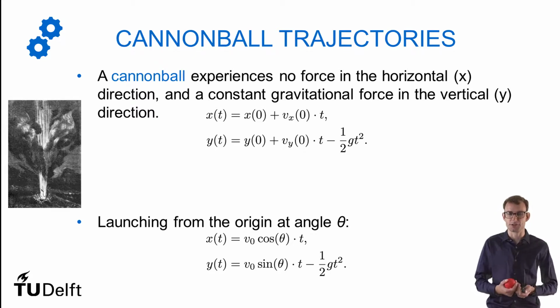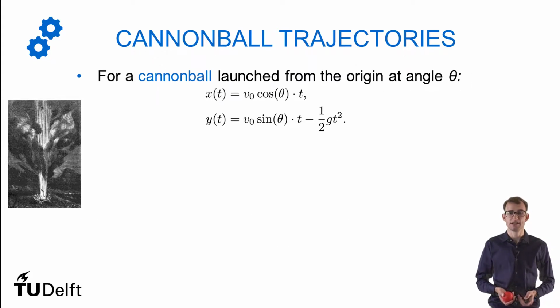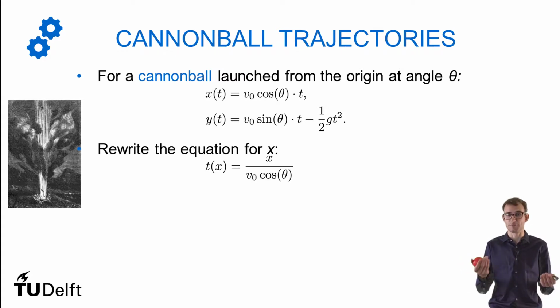Now here, this is not so hard to figure out because we can simply invert the equation for the position x. Right? We can rewrite this equation saying that, well, if x is v times cos theta times t, then I also know that t is x divided by v times cos theta. And now I can plug this back into the equation for y.